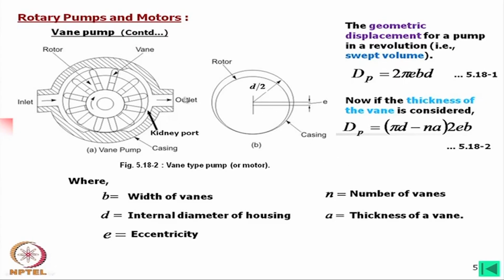Now, if we consider the thickness of these vanes, that is to be subtracted. While we are subtracting, definitely we have to consider the number of vanes. This is a very simple thing. This gives roughly the volume displacement, the swept volume of such a pump. Why roughly? This is ideally the geometric volume displacement of such a vane pump.